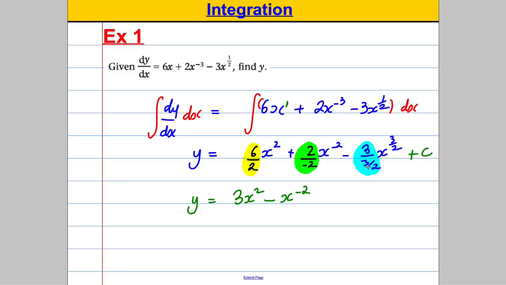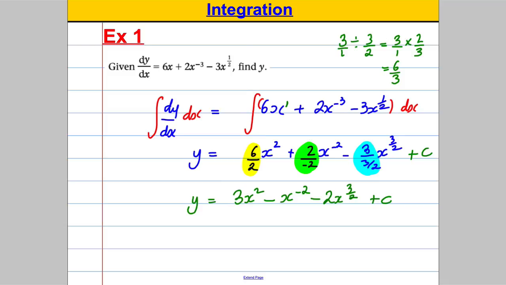And 3 divided by 3 over 2, 3 divided by 1.5 in the previous video we saw was 2. Or you could do some working. 3 divided by 3 over 2 is 3 over 1 divided by 3 over 2, which is 3 over 1 times 2 over 3, which you will see is 6 over 3, which is 2. So this would be take away 2x to the 3 over 2 plus c. And that would be your y.